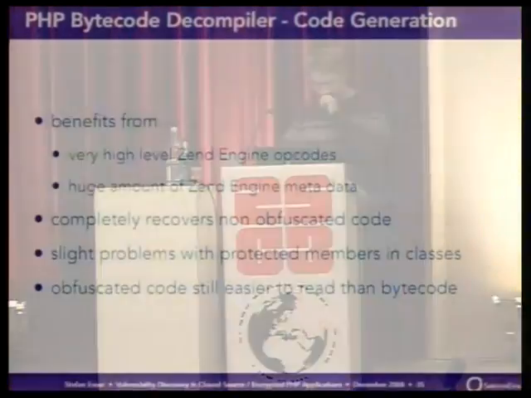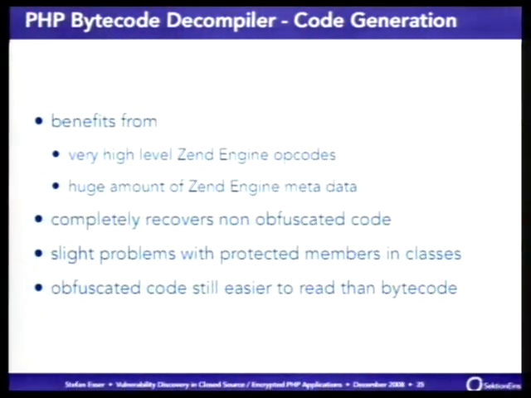The thing with PHP bytecode decompilation is that it benefits very much from the fact that the Zend Engine has very high-level opcodes, and there's a huge amount of Zend Engine metadata that also needs to be present within the encrypted bytecode, so you can restore a lot of things. Decompilation usually completely recovers unobfuscated code, and there are just small problems with protected members and classes.